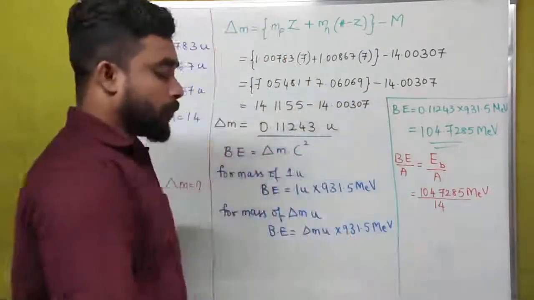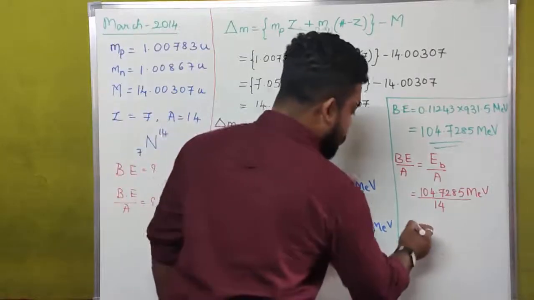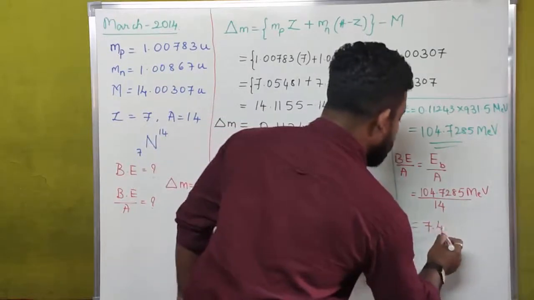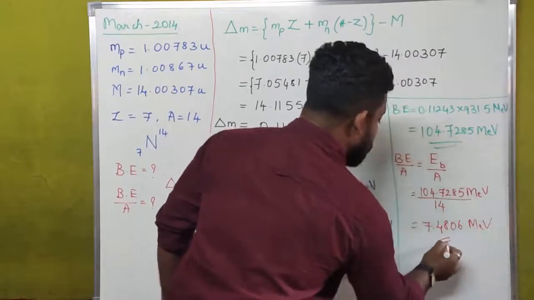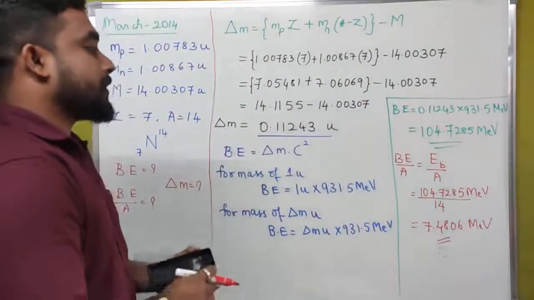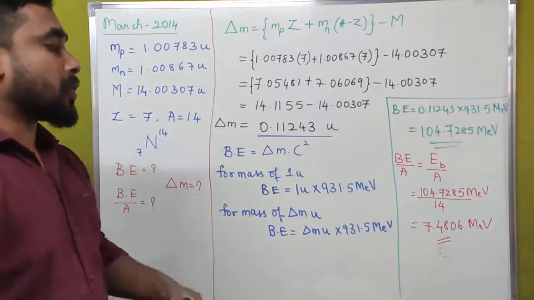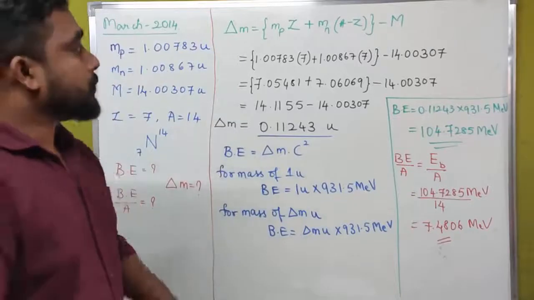That is 104 divided by 14, which is approximately 7.4806 mega electron volt, the value of the binding energy per nucleon.